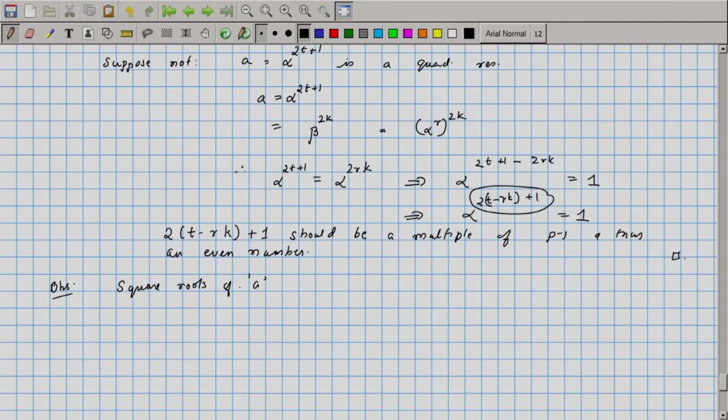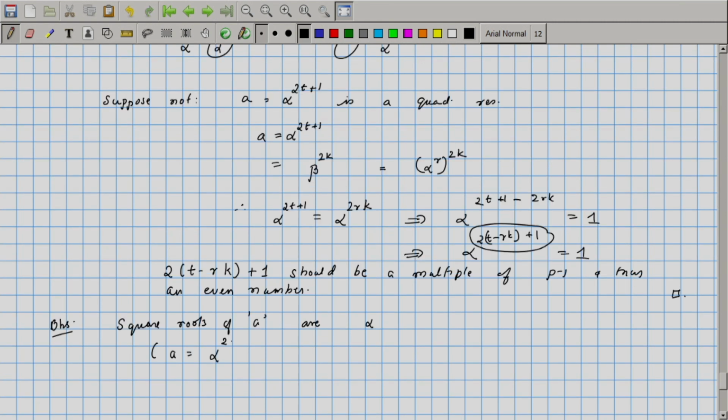By square roots of A we mean those numbers which when squared modulo n give A, which are going to be alpha to the power 2j. Okay. So, we can write the square roots as alpha to the j and alpha to the j plus p minus 1 by 2.